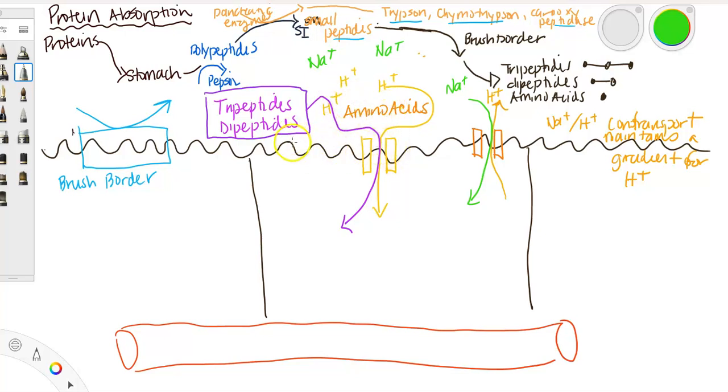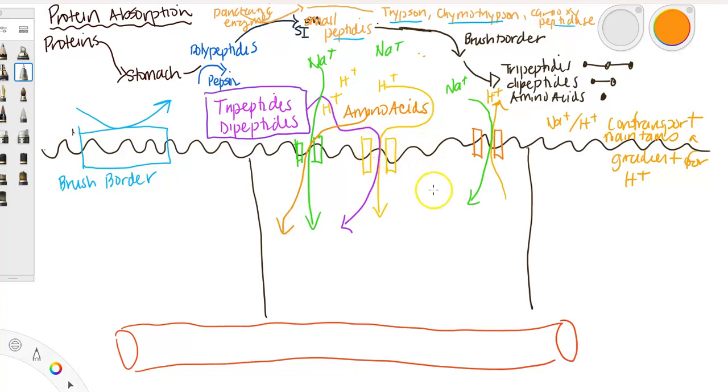And put our little transporter here, and sodium will come into the cell and amino acids will come with it here.